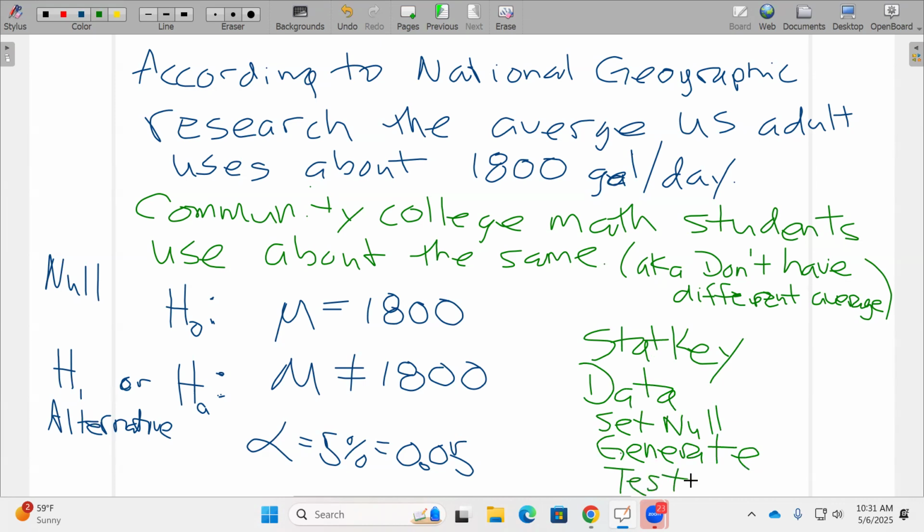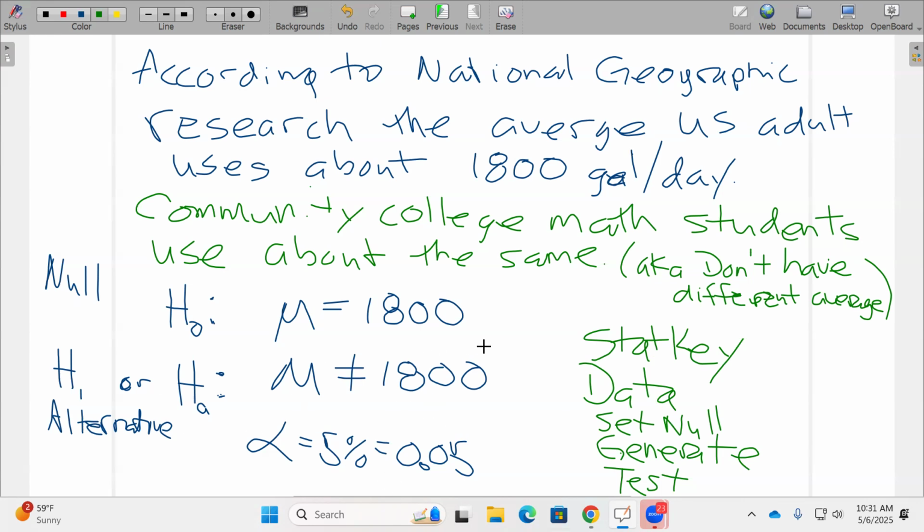Okay, which test am I going to pick here? Left, two, or right? What was our hypothesis? Hypotheses are that mu is equal to 1800 or mu is not equal to 1800. It's going to be a two-tail because we picked not equal. So if it was a less than, we do a left test, greater than is to the right, less than is to the left, not equal means you got to do a two-tail test.